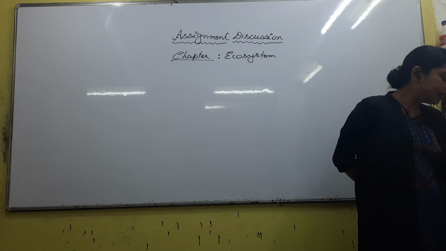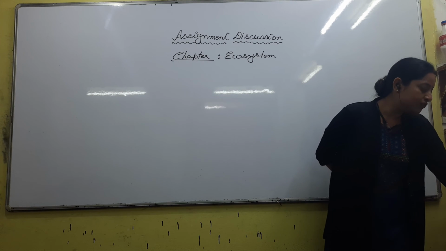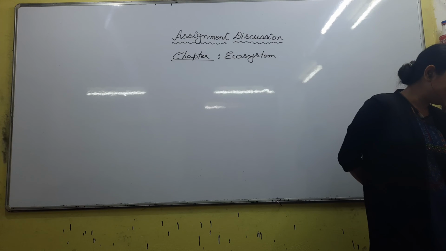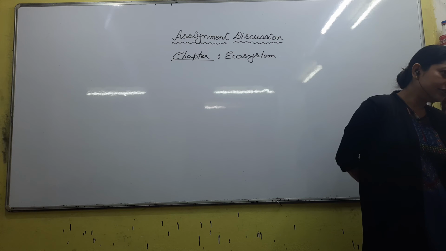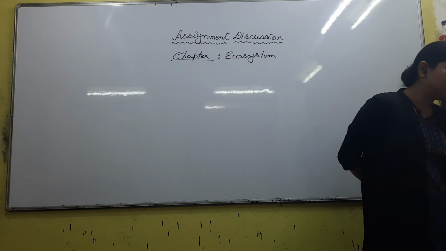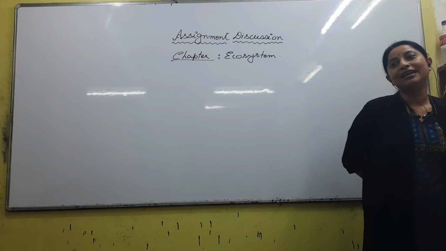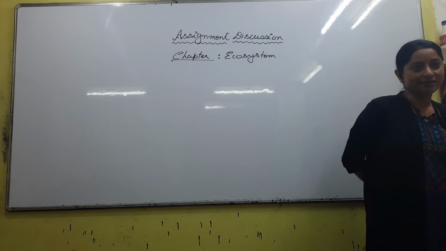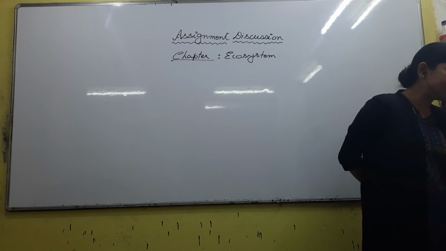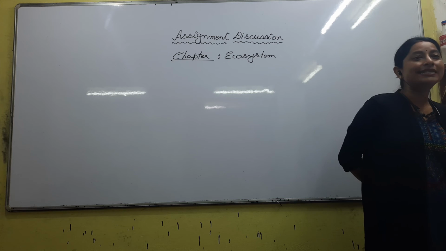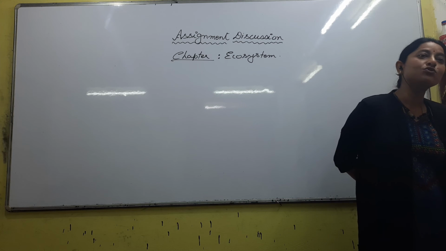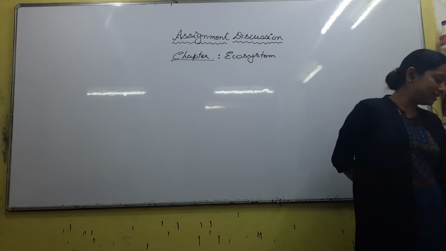Okay, question number 12: in 20 joules of energy, what will be the answer? 0.2, 0.02, 0.002 or 0.0002? You have to calculate, 10% transfer. It starts from 20; 10% of 20 is 2, 10% of 2 is 0.2, then 0.02. So the answer would be A.